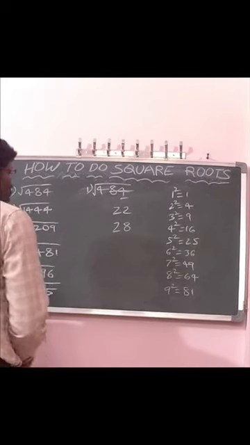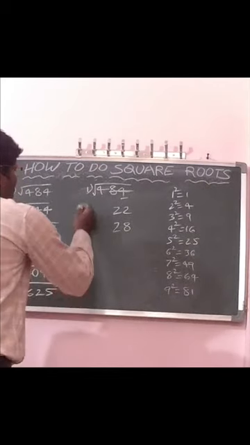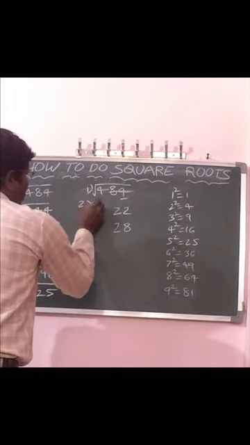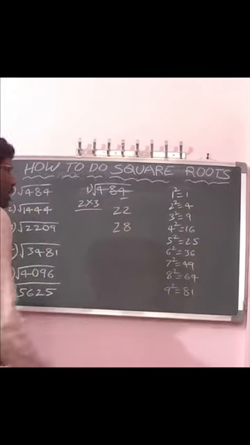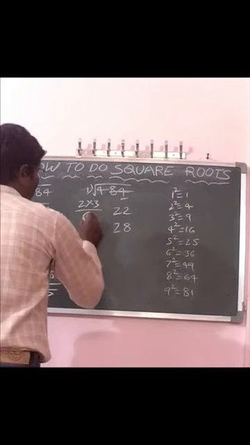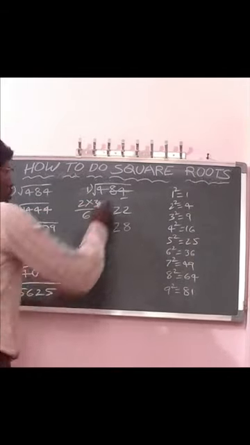In the third step, now we can multiply the 2 with the number after 2. The number after 2 is 3. So 2 times 3 is 6. Here 4 remains.